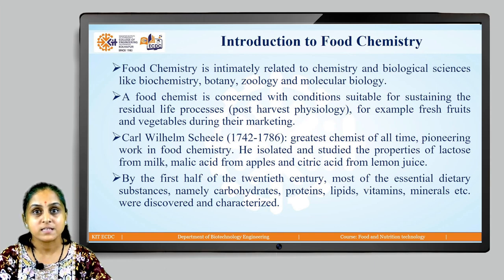He was one of the greatest chemists of all time, and his pioneering work was in food chemistry. By the first half of the 20th century, most of the essential dietary substances like proteins, lipids, vitamins, minerals, carbohydrates, mostly all the macro and micronutrients, were discovered and characterized.